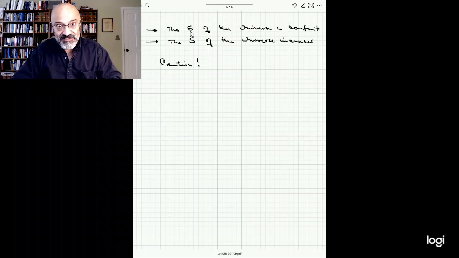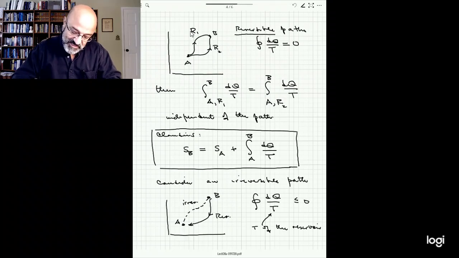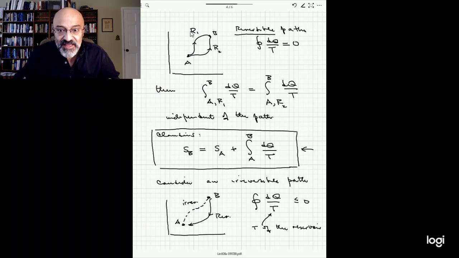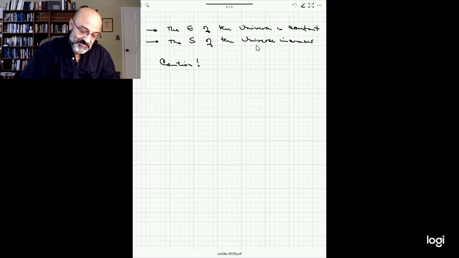That's also not quite right. And the reason is that if you look at the way we actually did all of this, the entropy of a system is only defined in situations of equilibrium. And if there is one thing that we now know about the universe, it is that the universe is not in equilibrium. It's expanding.